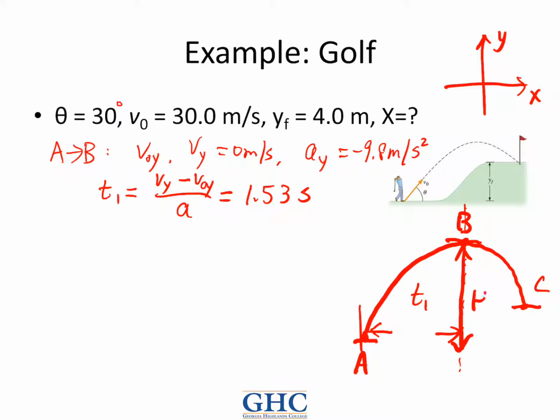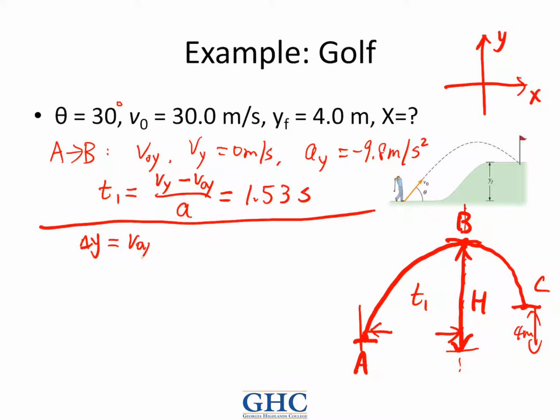Okay. Now, after this, we can very easily find out the height of point B from the ground, point A. So find this one first, find h. We know this one is 4 meters. There are all different ways you can find h. You can use delta y equals v0y t plus 1/2 a t squared.